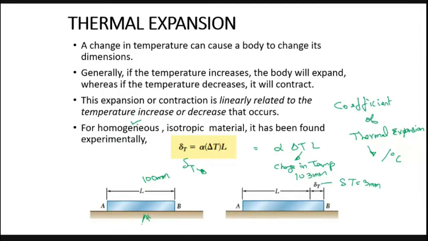The property of the material should be the same all over. It should be isotropic. Isotropic means your Young's modulus is the same in all 3 directions, which means in the x direction your E is the same, in the y direction your E is the same, and in the z direction your E is also the same.